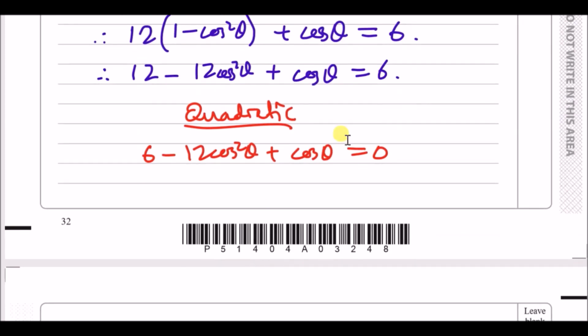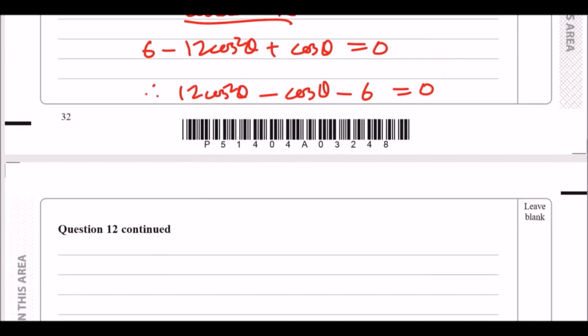Good. And I like to make my squared expression first, so I'm going to move everything to the right, starting with 12 cos squared theta minus cos theta minus 6, and it should now be equal to 0 again. That's it. So how do we solve this one? Well, again, this is a quadratic equation, so let's use the quadratic formula.